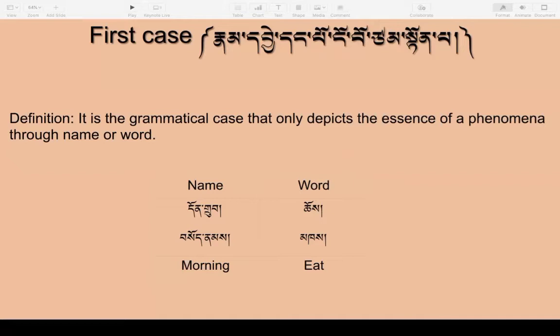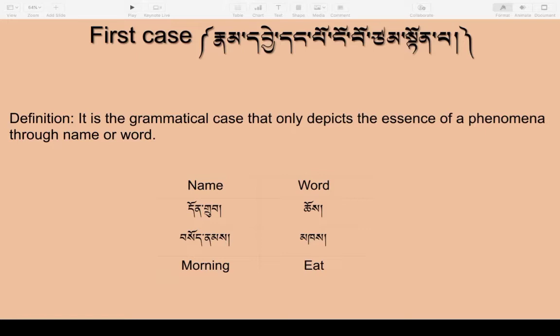So it's actually much more interesting than how it sounds. What the first case teaches us is that every single phenomenon has a name and a word that describes that name.